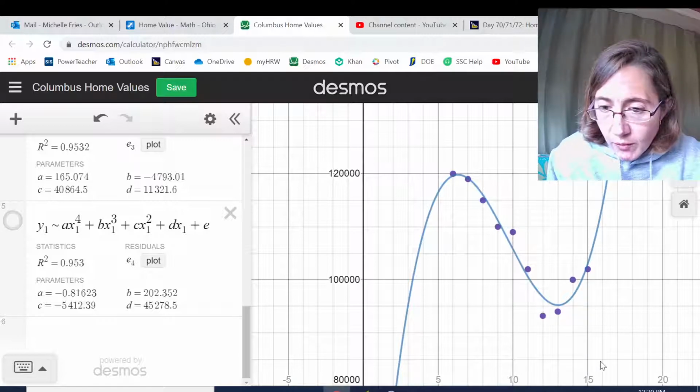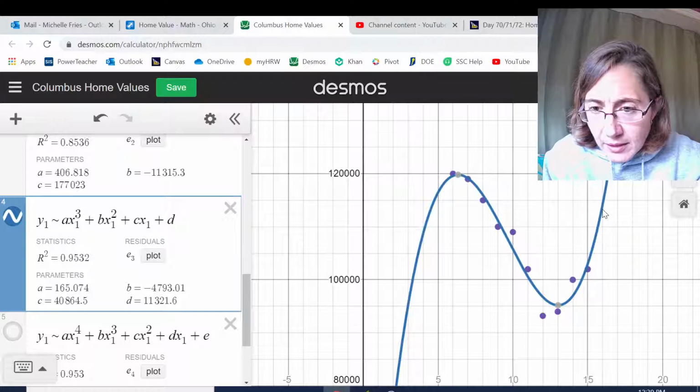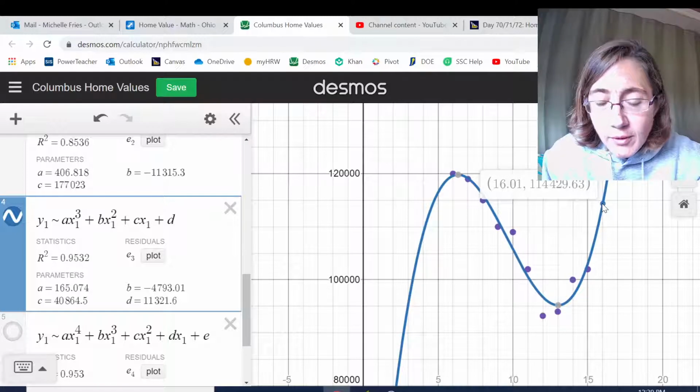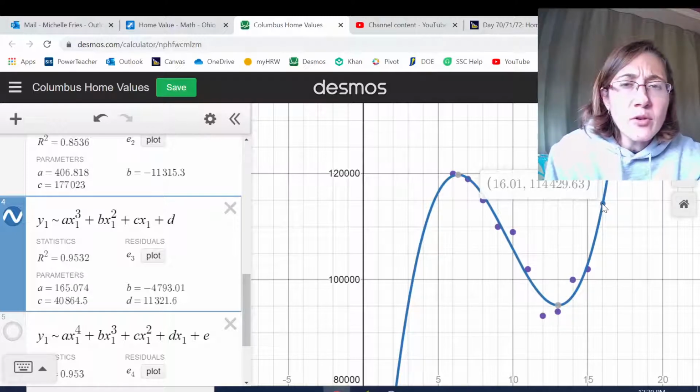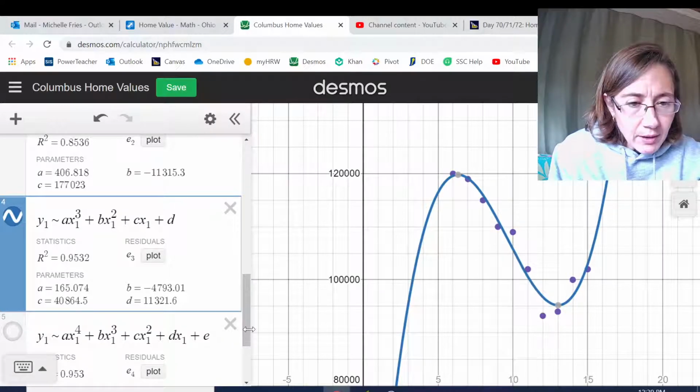One is I could just go over to 16, which would be this line. If I click here and hold my mouse down, it's kind of hard to get real exact. I'm trying to get it to say 16 for my x value. Almost. Okay, 16.01. So it looks like it's about $114,429 at that point.